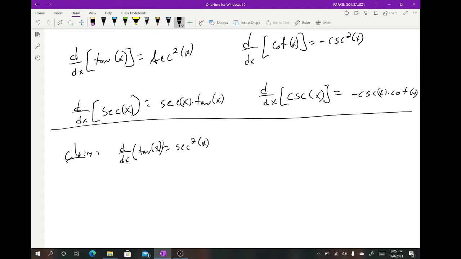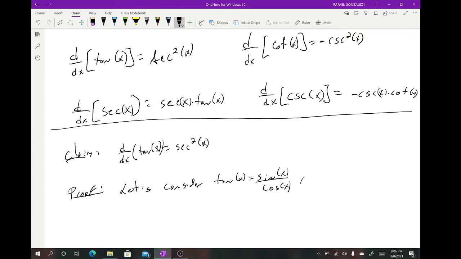That's what we want to show. So here's the proof. Let's consider tangent of x. We know that tangent of x is equal to sine of x divided by cosine of x. We know that's a fact.